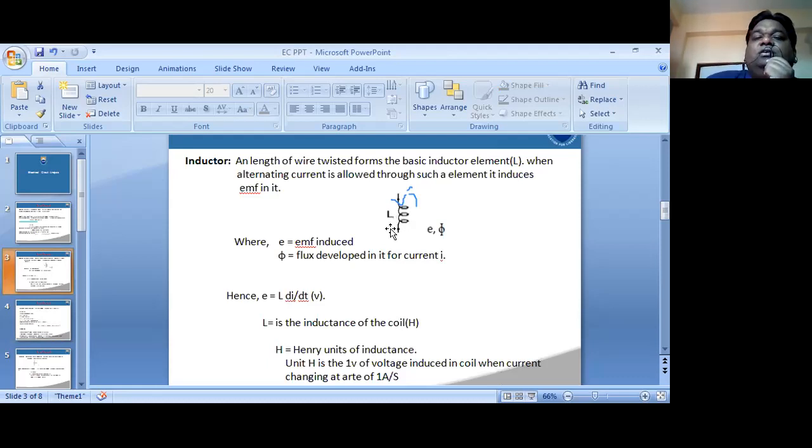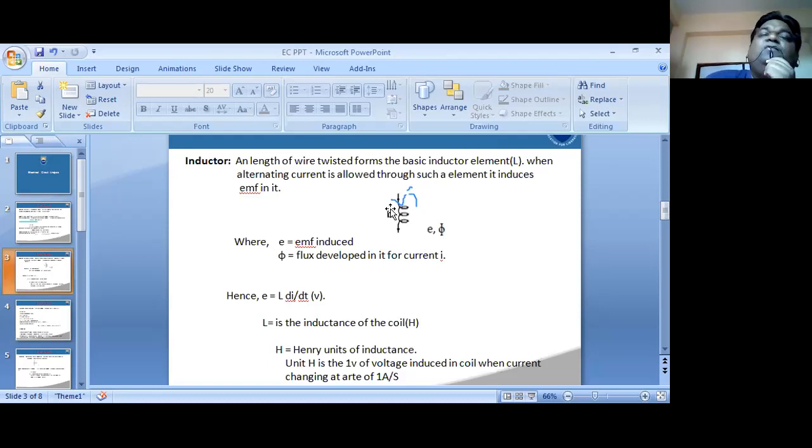By observation, this inductor element does not have any resistance property, so we can say that this inductor element is a non-dissipative element because it has zero resistance.